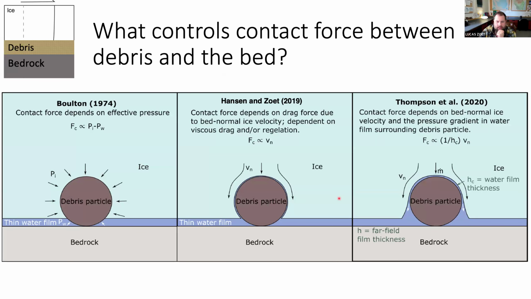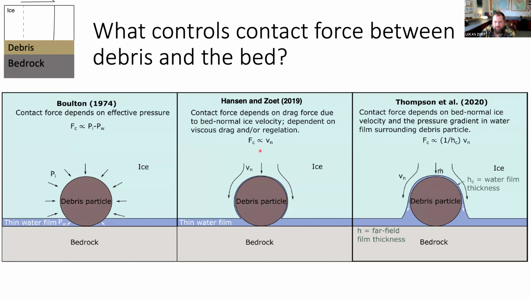There's a couple different ideas of what's causing this. Things like that the particle at the bed is largely the contact force, this S of C, what they call it, is related to the difference between the ice pressure and the water pressure at the bed. That it has to do with how fast the ice flows around the particle is another idea.